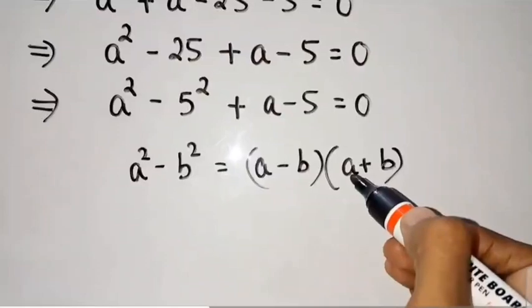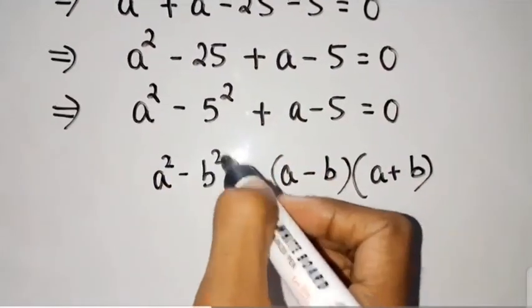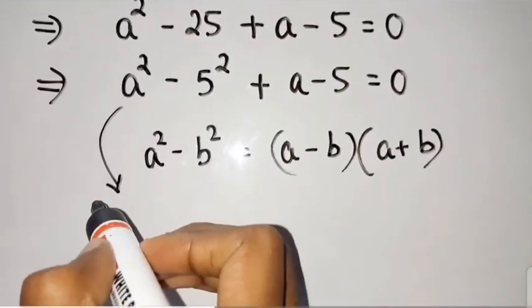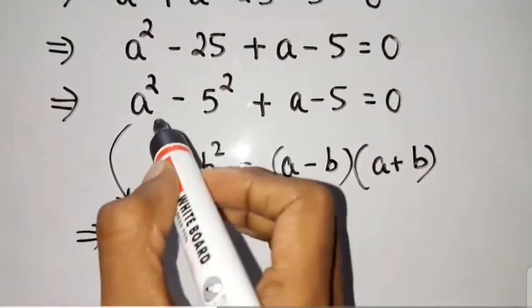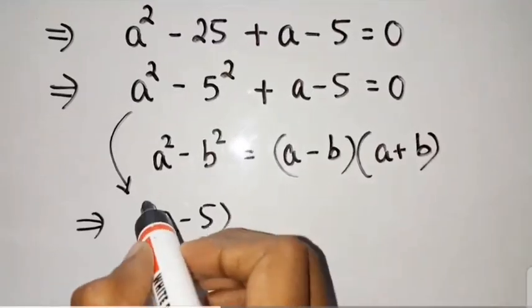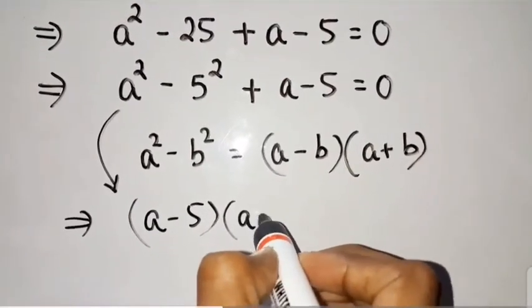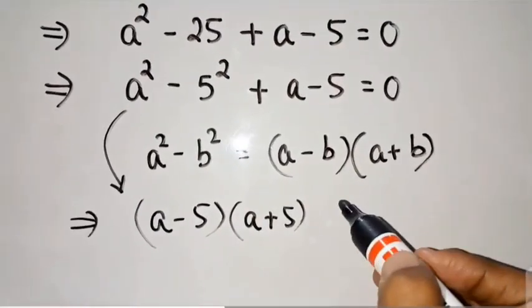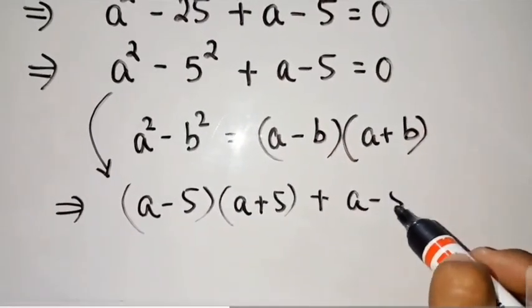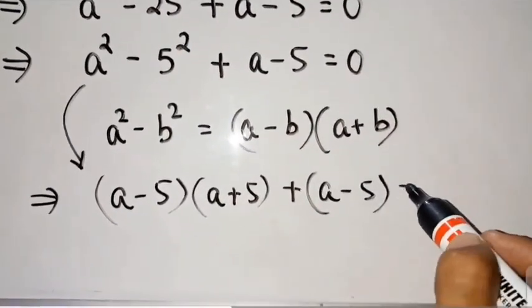We can just replace this with this, where b is nothing but 5. So this can be reduced further to a minus 5 multiplied by a plus 5, plus a minus 5 as it is, equals 0.